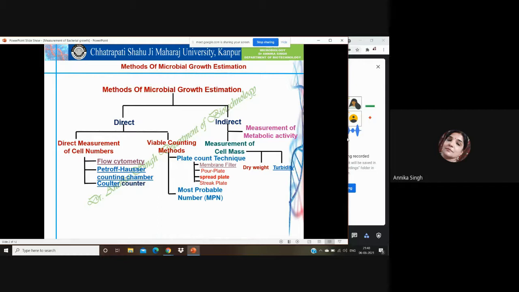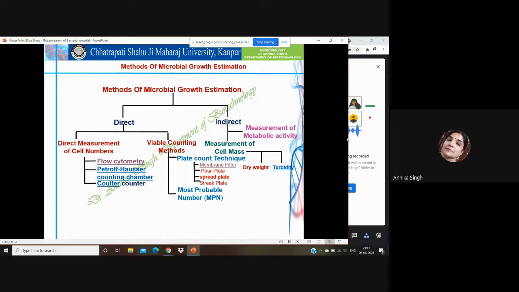So direct measurement of cell numbers can be done either by the Petroff counting chamber method, which utilizes a light microscope, then the Coulter counter method, which utilizes an electronic device, and flow cytometry, which is the advanced one and most popular nowadays.